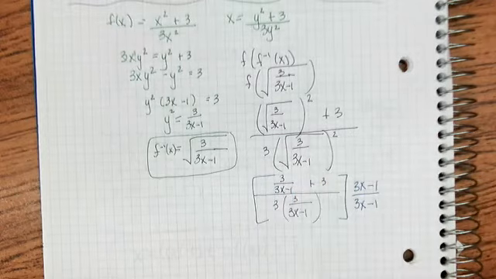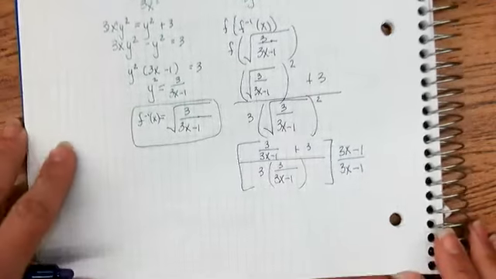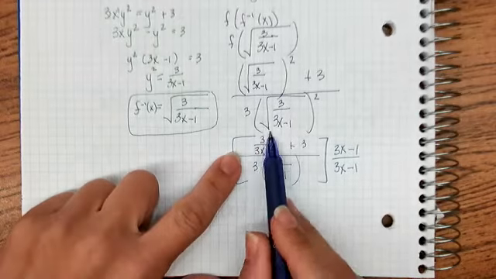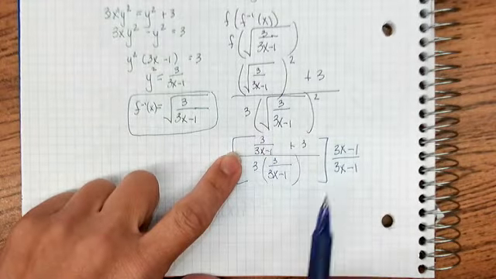I didn't plan ahead very well, so I'm going to run out of room on my paper. Shoot. So 3 over 3x minus 1 times 3x minus 1.